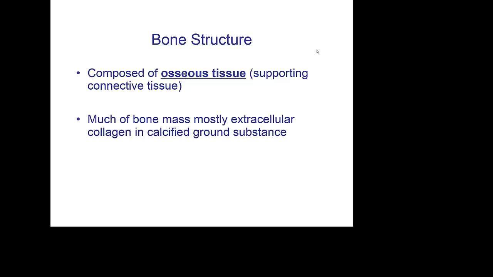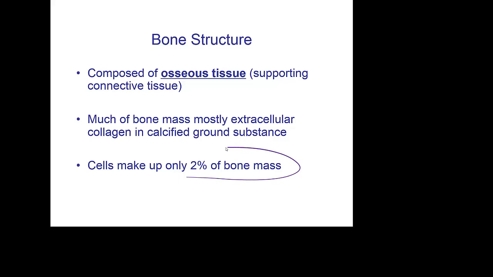So this actually makes up very, very little of your bone structure itself. We look at cells only making up about 2% of the actual bone mass. Most of it is going to be calcium when we look at this.